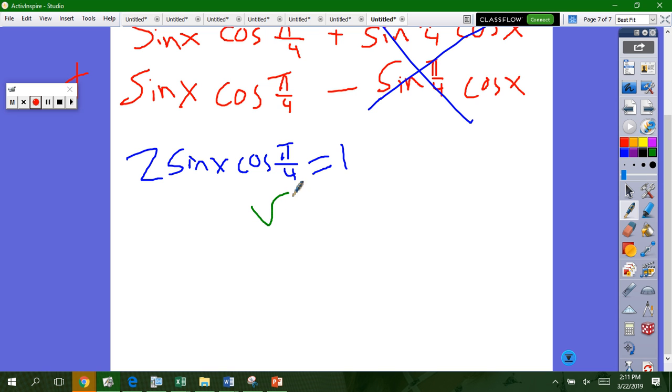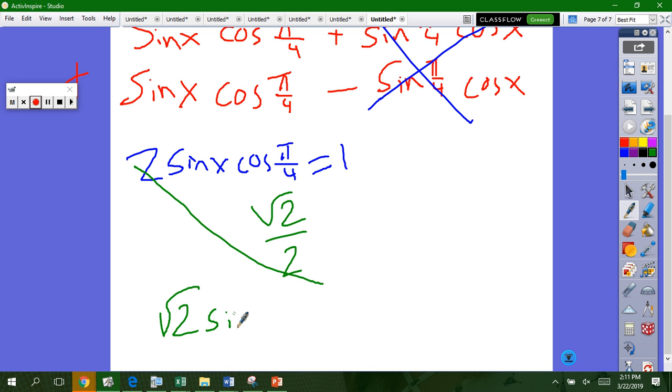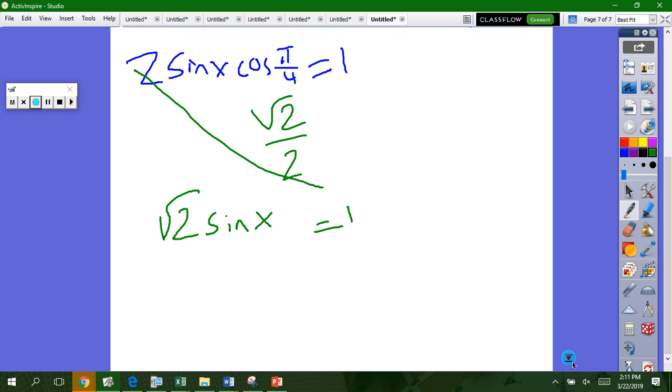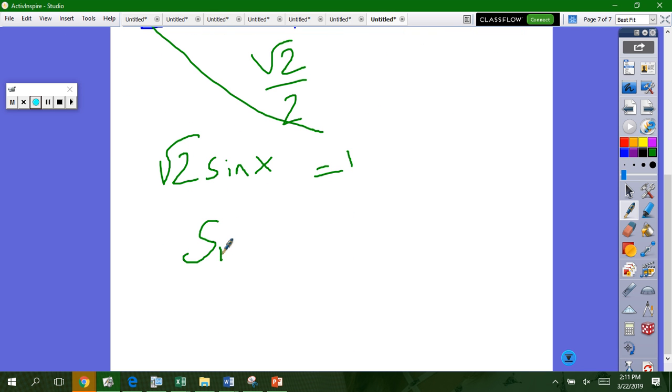This is root 2 over 2. You see how those 2's would get rid of each other? So I'm at root 2 sine of x equaling 1. Divide it. Sine of x equals 1 over root 2, which is, as you're saying, what?